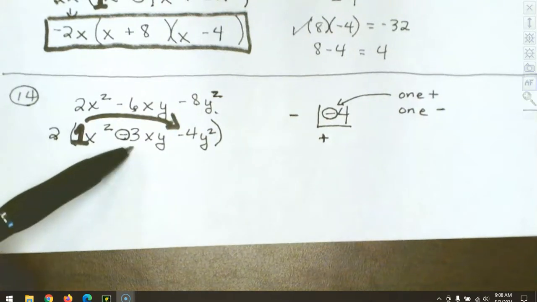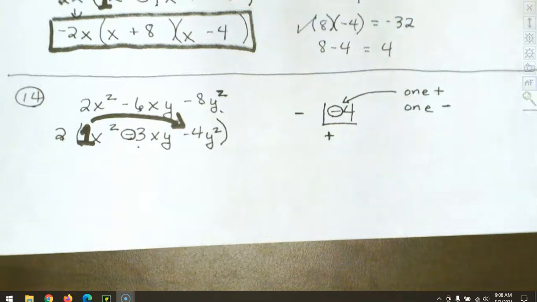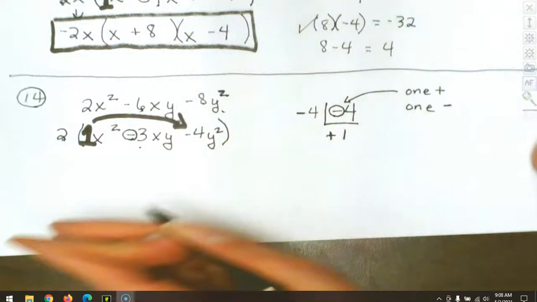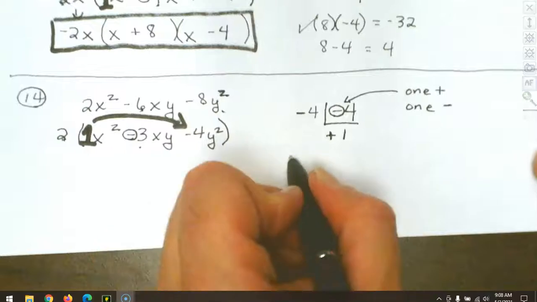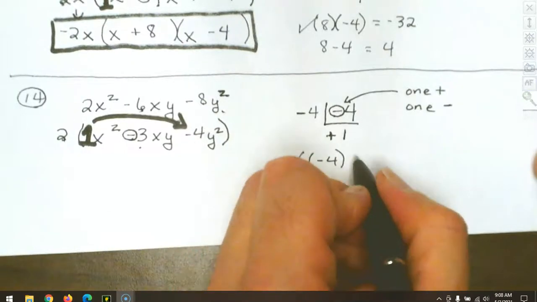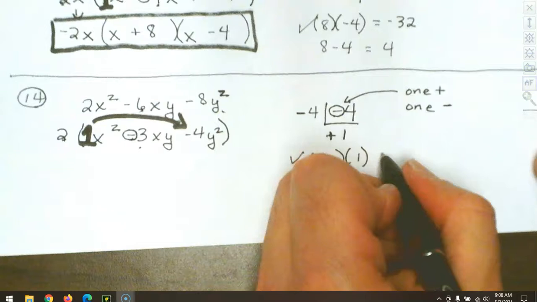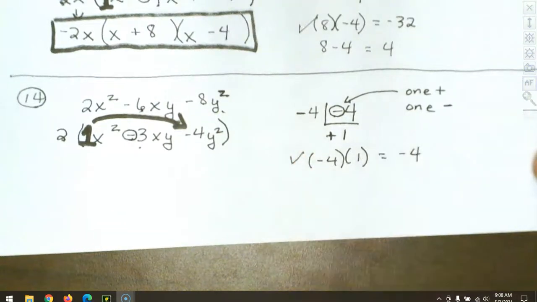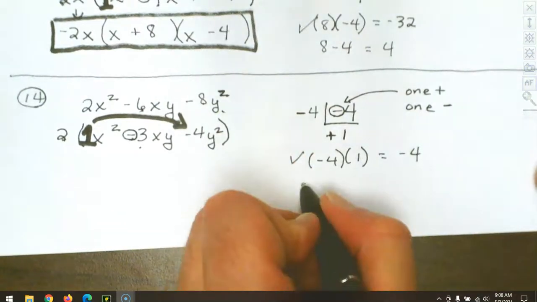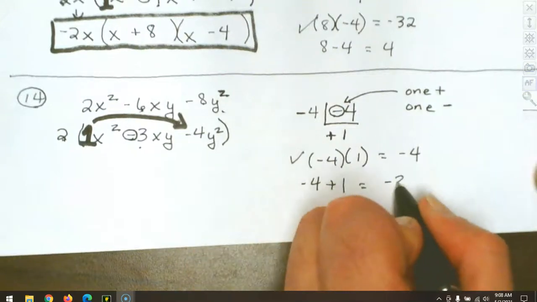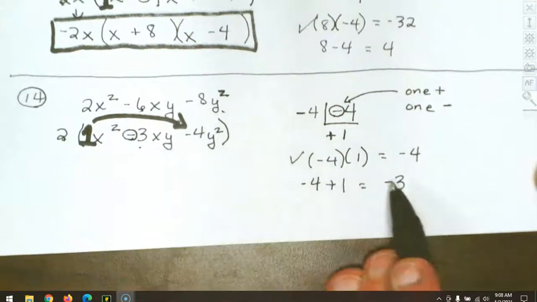See, it matches with that 3 there. So we need then a minus 4 and a positive 1. We can check because minus 4 times 1 is minus 4. That matches. And then we have minus 4 plus 1, and that's a minus 3. That matches.